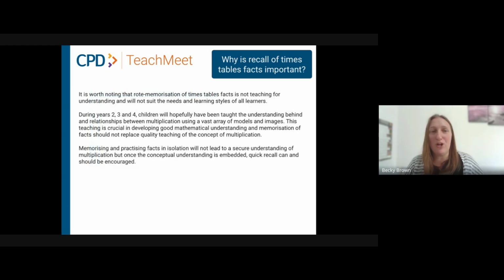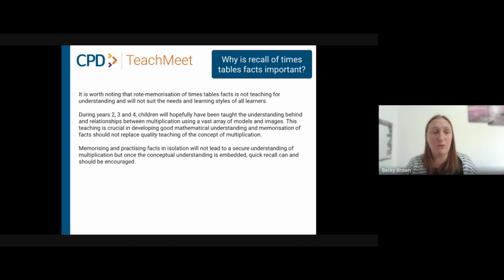This is probably a good time to mention that rote memorization is not the only thing that we're suggesting we do for times tables. It's not the same as teaching for understanding, and won't suit everybody in your setting. We know how important it is, particularly with all up-to-date pedagogy as far as maths mastery goes, that we're teaching children for understanding. And when you are working on children's speed recall of tables, you have to make an assumption that their understanding has been taught before.